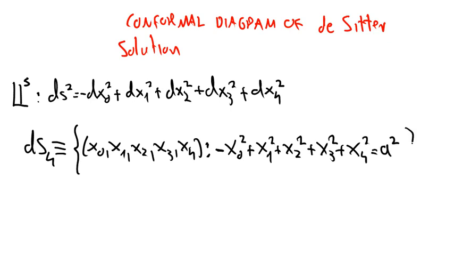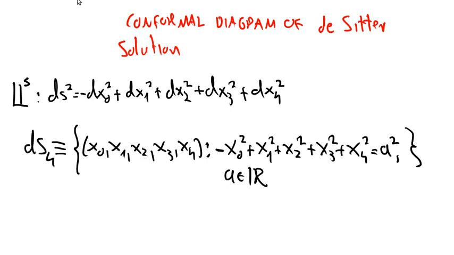Where here A is a constant, a real constant. If you remember the equation of a hyperboloid in lower dimensions, you recognize here that this is just a hyperboloid, but in 5 dimensions.